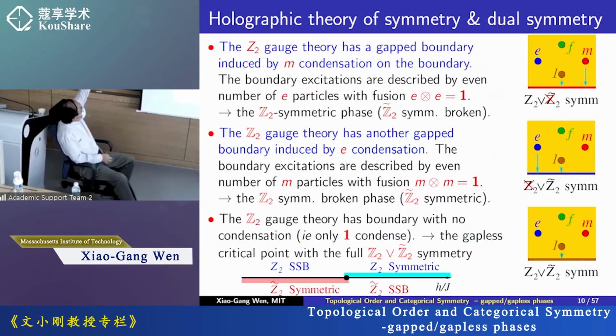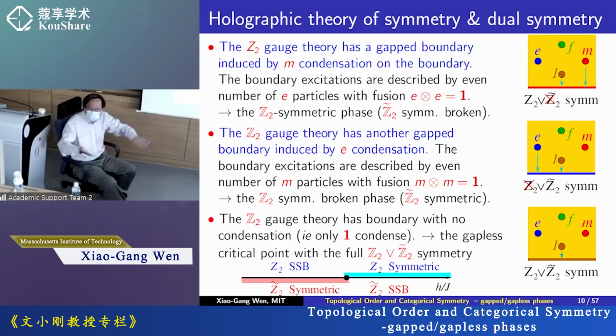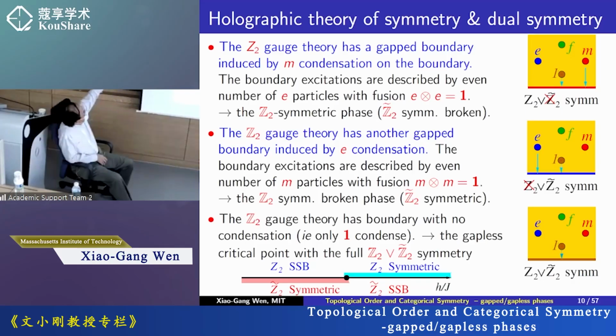So therefore, you can see that the M can condense. If M condenses, one always condenses. You know, one is nothing, so one always condenses. So if we have a boundary where the M condenses, M condensation also gives rise to the trivial phase. And so there's one boundary where M condenses. It's a gapped boundary given by the M condensation. Okay. And in this phase, M condenses. So therefore, the dual Z2 symmetry is spontaneously broken.